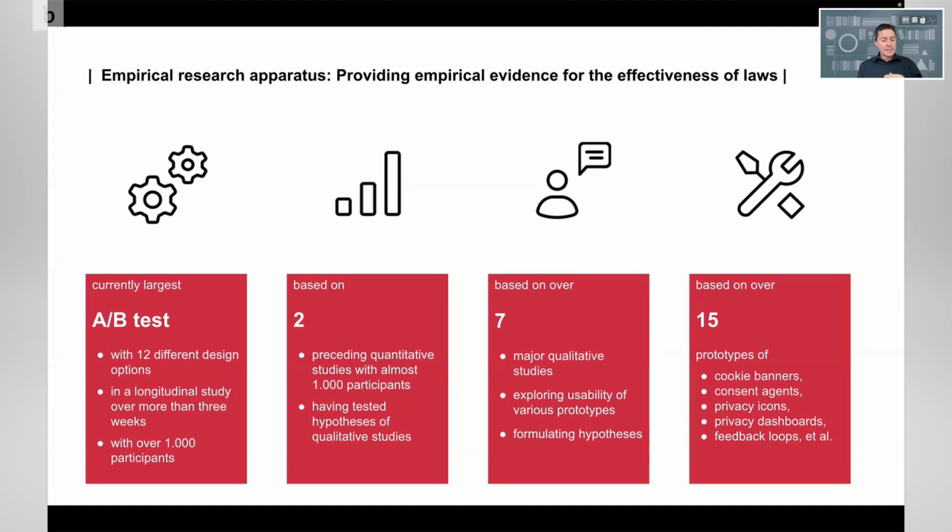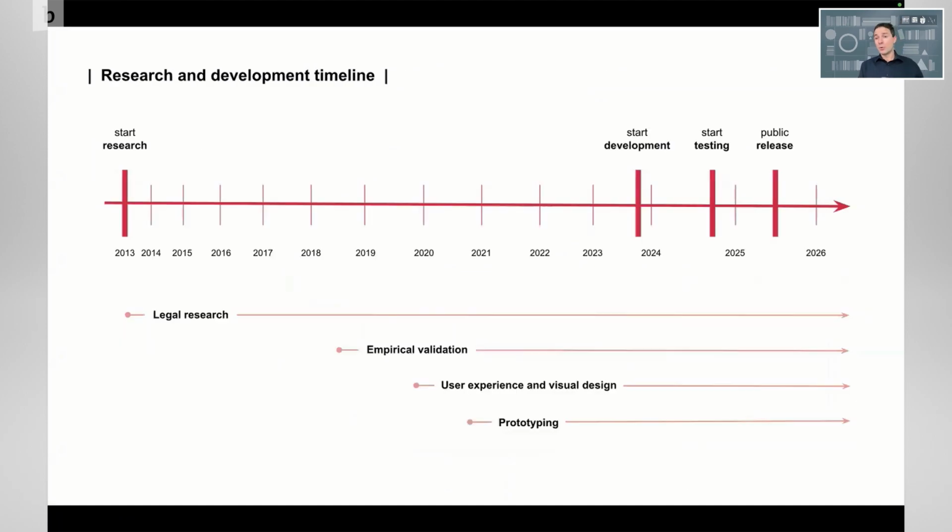And this already brings us to the point that we have now been researching this methodologically for 6 years, and we are now at a point where we start our testing period together with industry partners in order to test the integration of our consent banners into their systems at the end of this year.